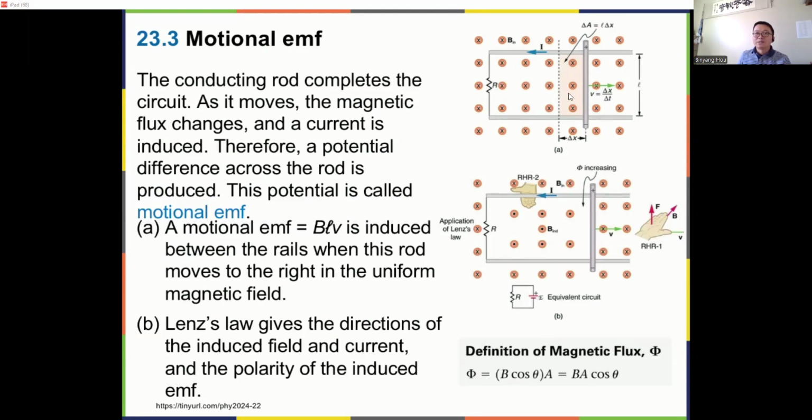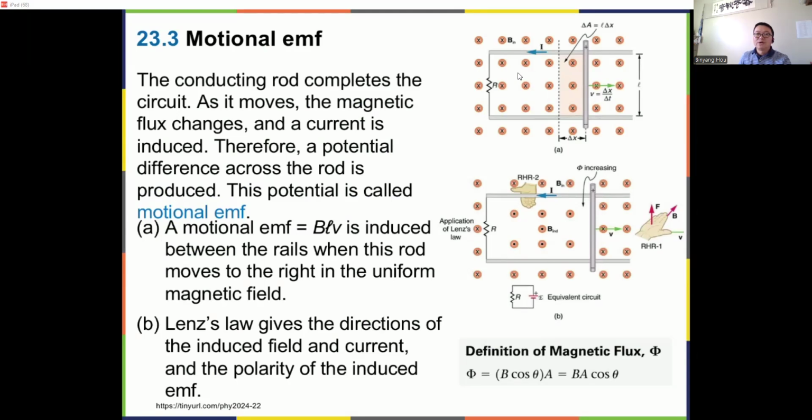So this coil does not like that change. So you'll have induced EMF or induced current in the coil, which will be opposed to the change. If you have this bar going to the right, you have the area increase, and it doesn't like that. So the induced current in the coil should decrease the flux.